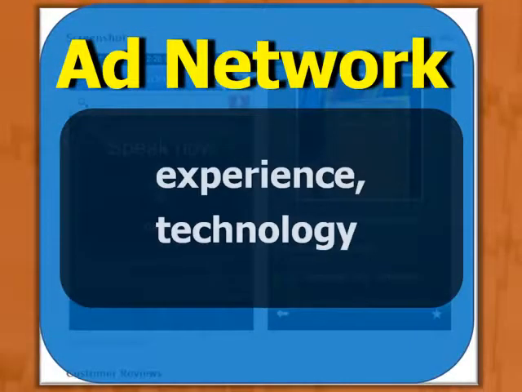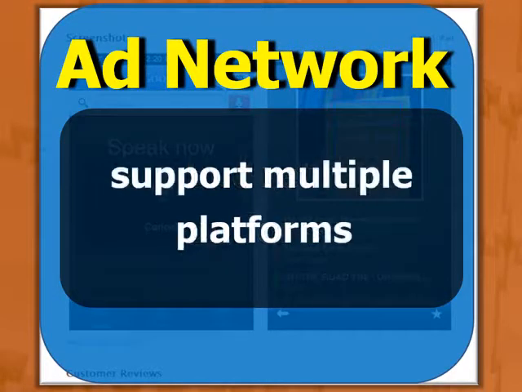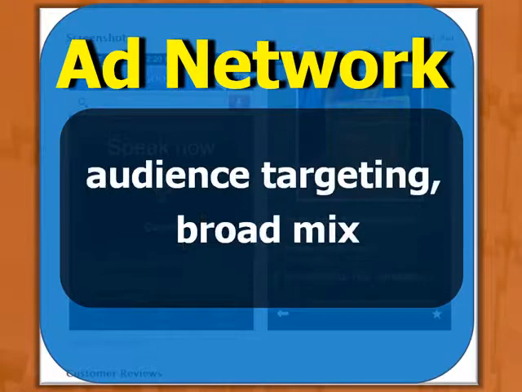First, they have the required experience and technology to get the job done. Second, there's an option available for almost any advertising budget. Third, they can support multiple mobile platforms, such as a wireless application protocol and feature phone and smartphone handsets. Fourth, they can promise a high level of audience targeting, or if you prefer, a broadly mixed audience.